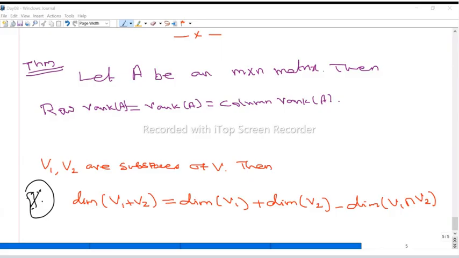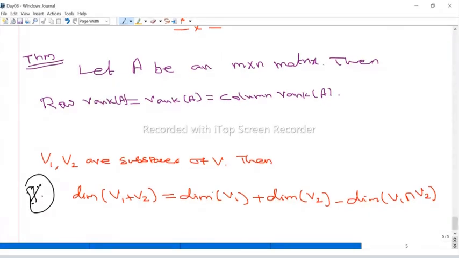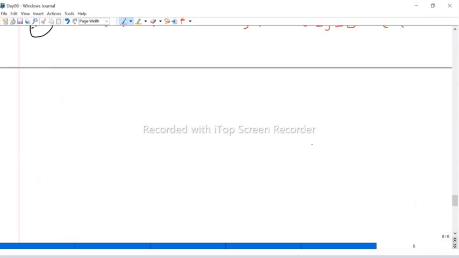Yes. Once we define the linear transformation, we define the rank as nothing but the dimension of the range space. Dimension of the range space we define as rank. So once we define the linear transformation, using it we define the rank.